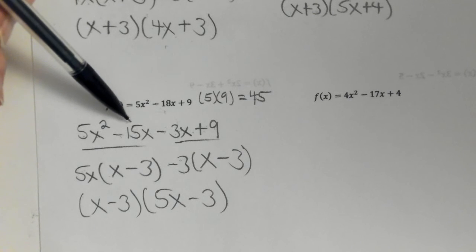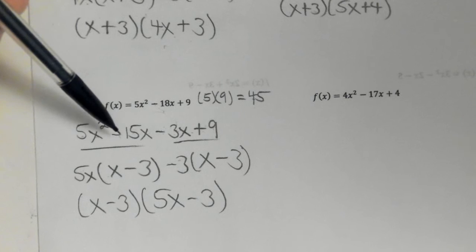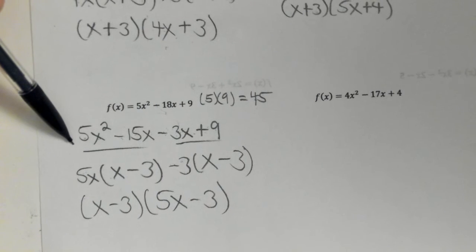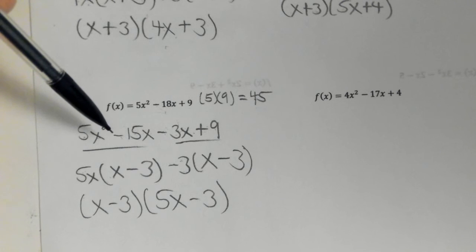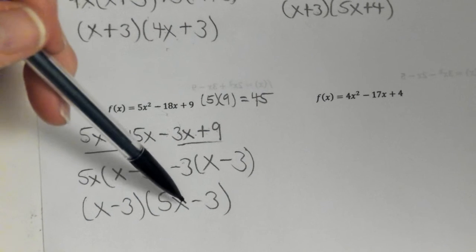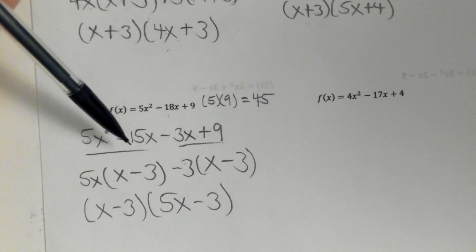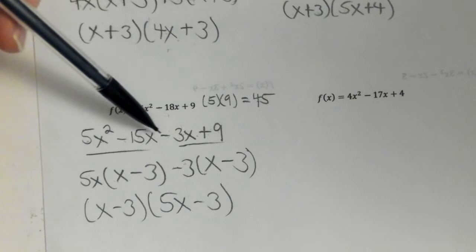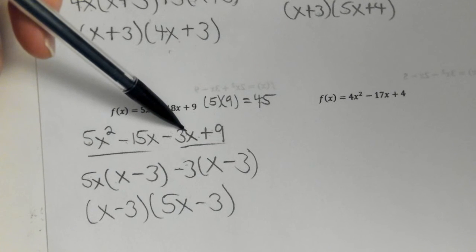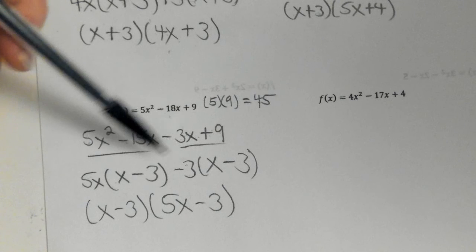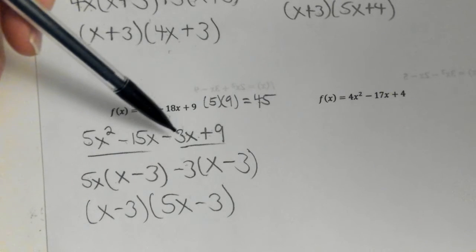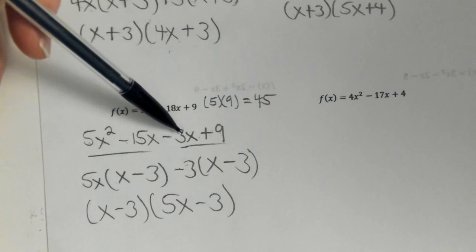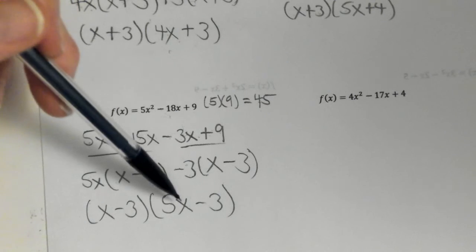If I move this negative 3x right here, then the only thing that I can factor out of this first one is an x, and it would be left with 5x minus 3, which notice is this, all right? And then over here, if I move this negative 15 over here, then I could factor out a 3, which would leave me with, again, 5x. I'd figure to factor out a negative 3, which would leave a 5x minus 3.